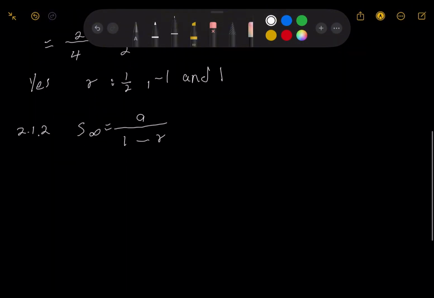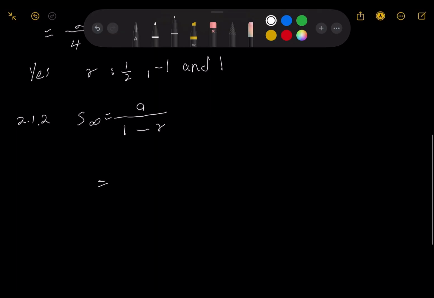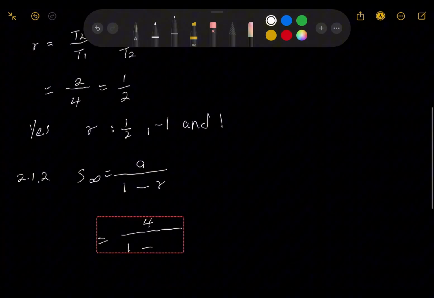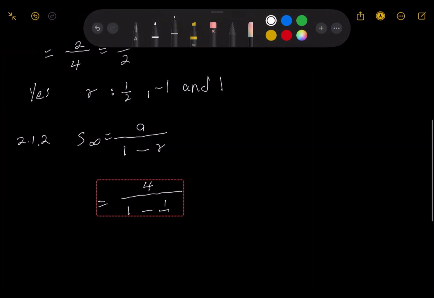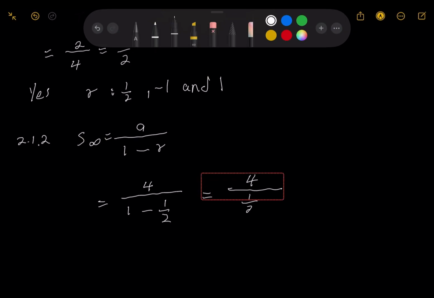In this series, our A is 4 and our R is actually 1 over 2. We have just calculated it. So now, doing this problem, we're going to get 4 over 1 over 2. And this is simply 8.